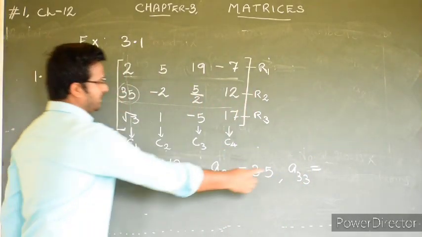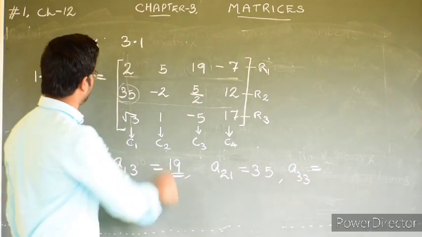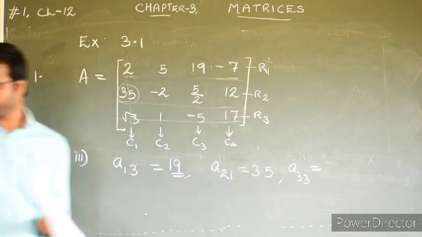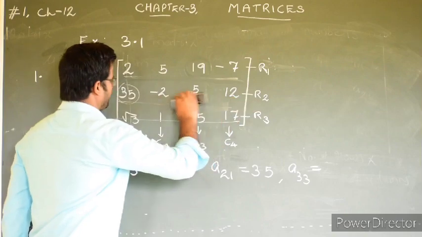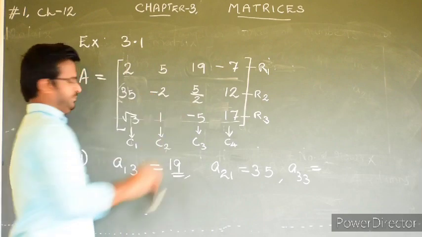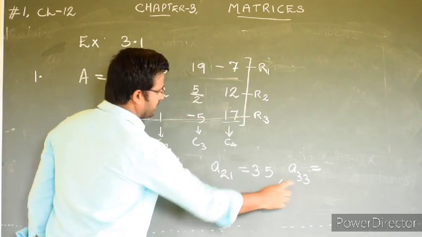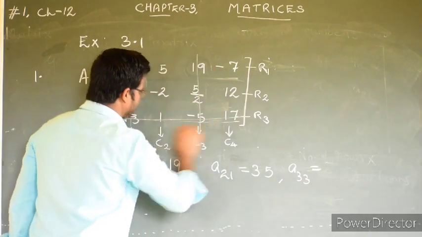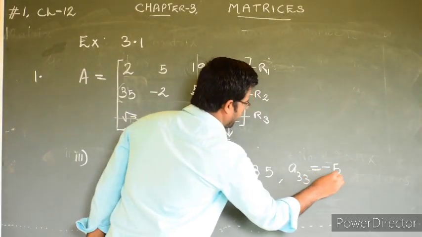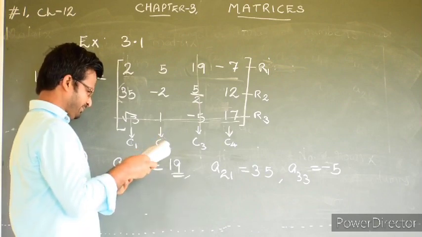A33 means third row and third column. This is third row and third column. The intersecting point is -5. That is our required element. A33 means -5.